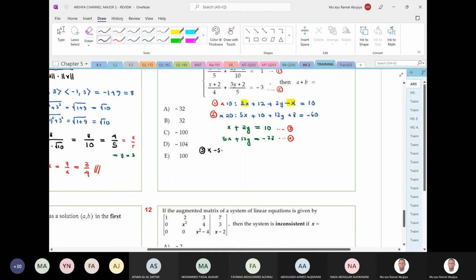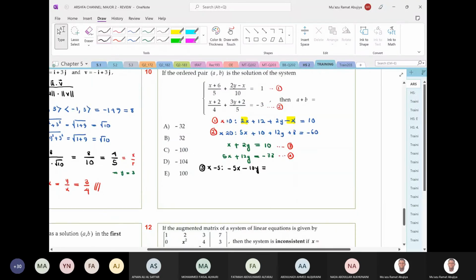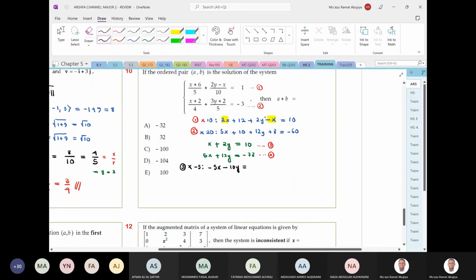So we are going to get here minus 5x minus 10y, and this is going to be equal to... I think we did here. We have something here that I'm missing. This is minus 2, please.